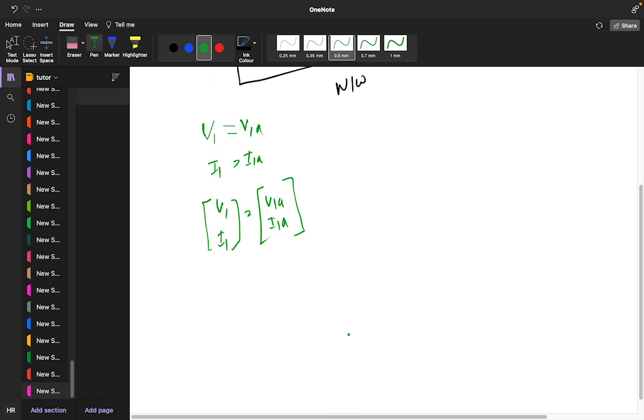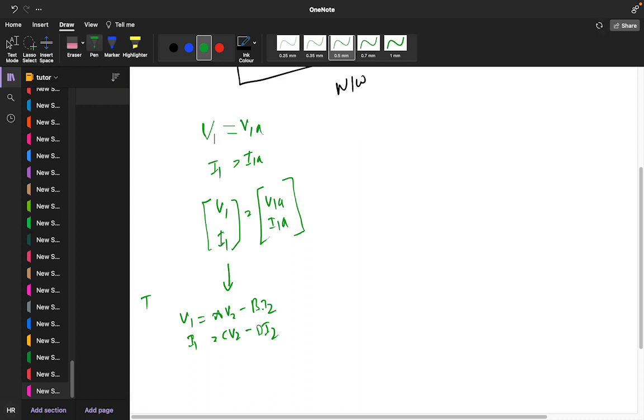If you solve this equation, what is the transmission line parameter? T parameter I discussed with you now. Can anyone tell me what is the transmission line parameter? V1 is equal to AV2 minus BI2, and I1 is equal to CV2 minus DI2.